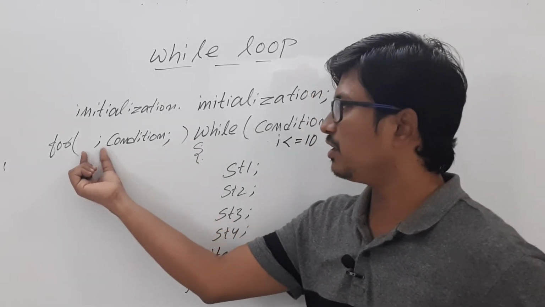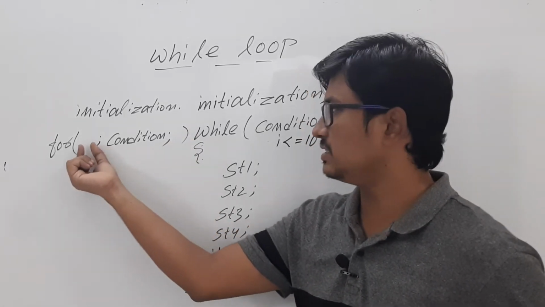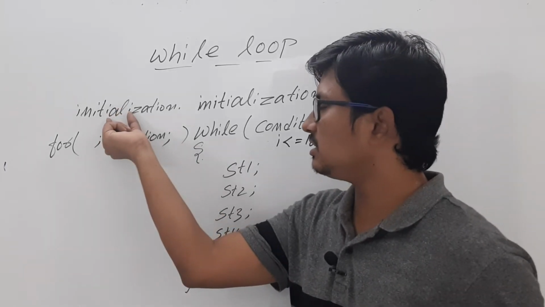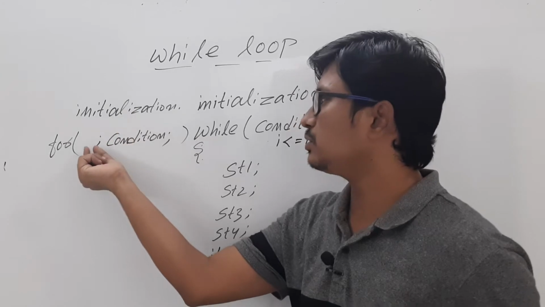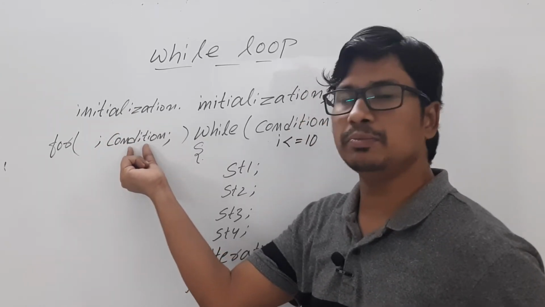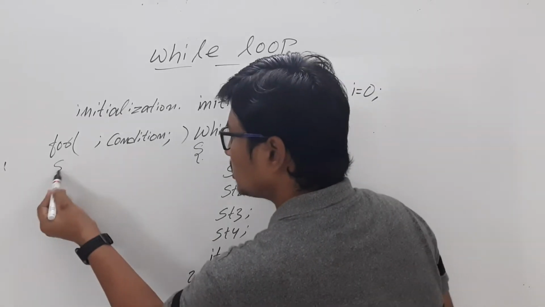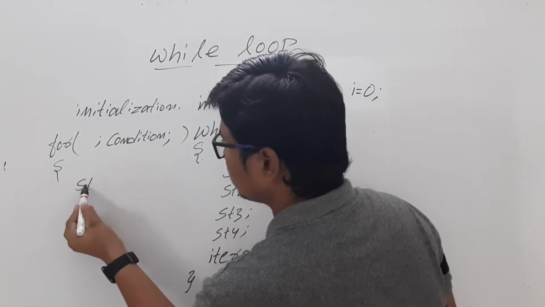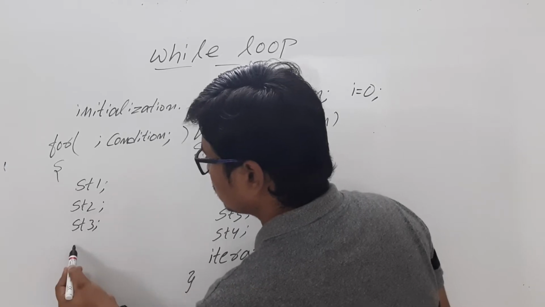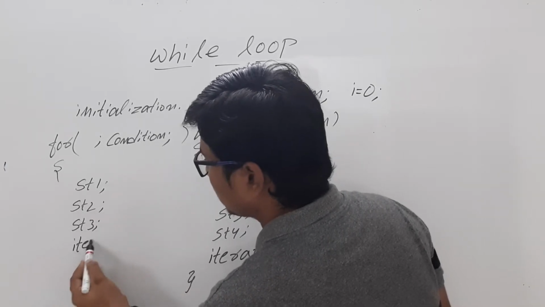Every for loop has three sections: initialization, condition, and iteration, but the initialization you have already done, so you will not provide the initialization section here. The condition you will provide here. Then the statements, let's say you want to execute statement 1, statement 2, statement 3, and so on. At the last you can provide the iteration.